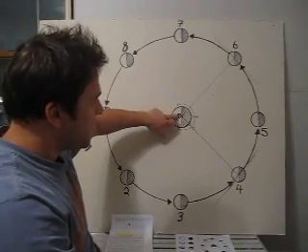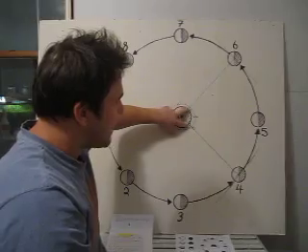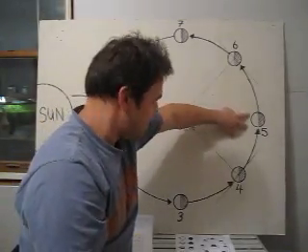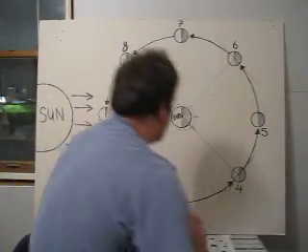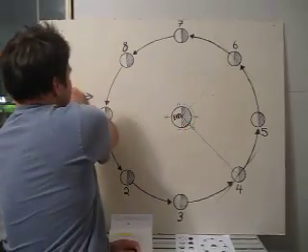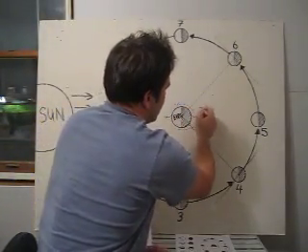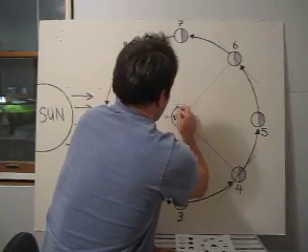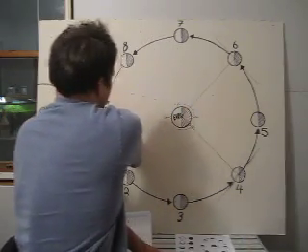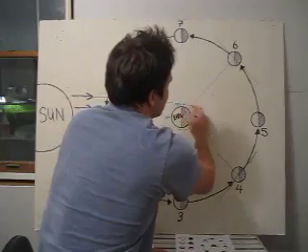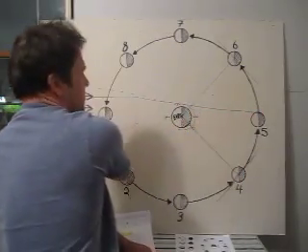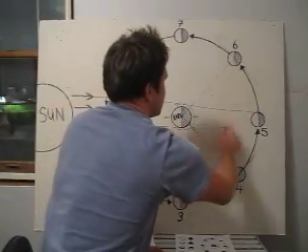shining on the Earth, the Earth is then going to have a shadow behind it, and that shadow is going to fall. So here's the sun, like this. It's not exactly to scale, but basically what's going to happen is this.